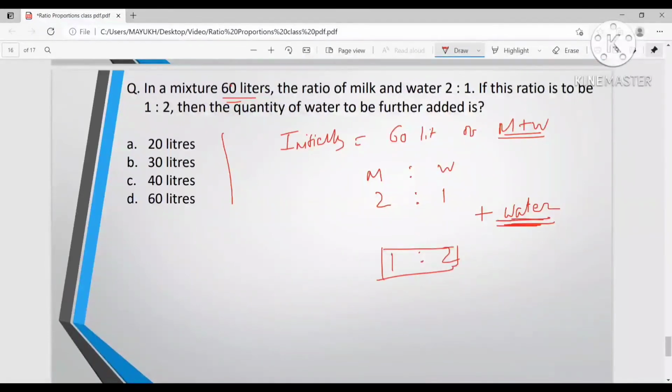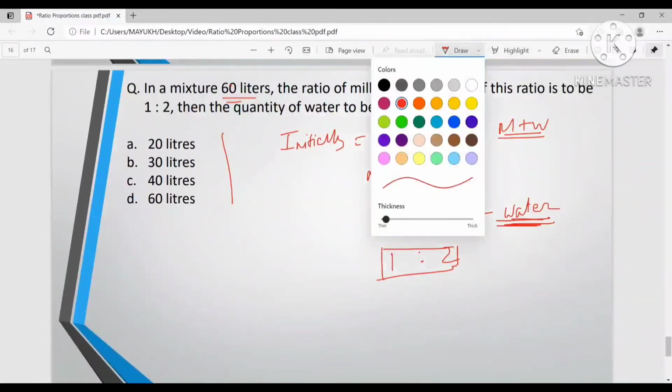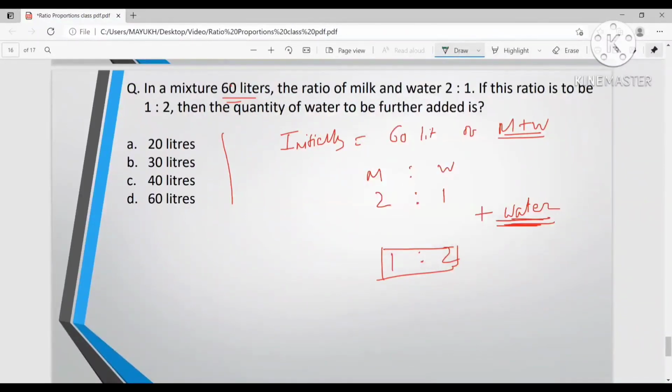So now you have to help me out. How much less money I'll pay him. For that, I need to find out how much water he added. If initially there was 60 liters in a 2:1 ratio of milk and water, I can calculate the amount of milk and water in that initial 60 liters.